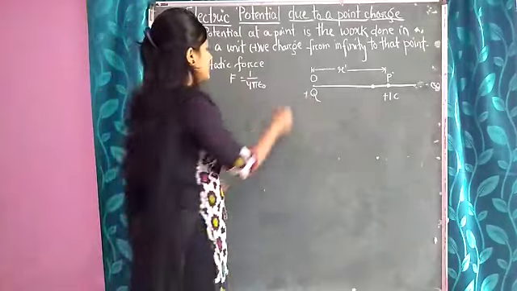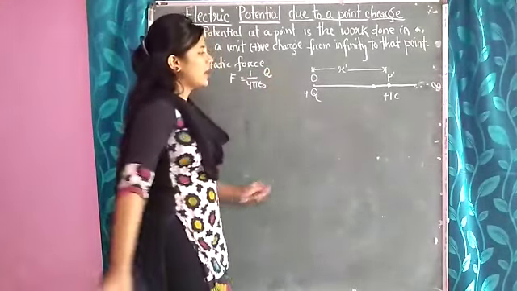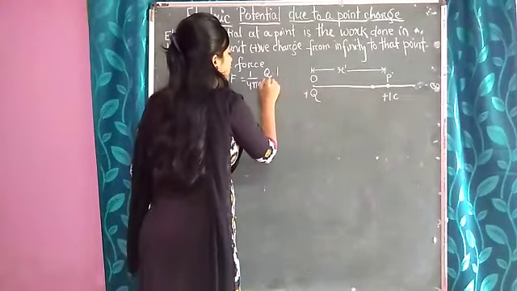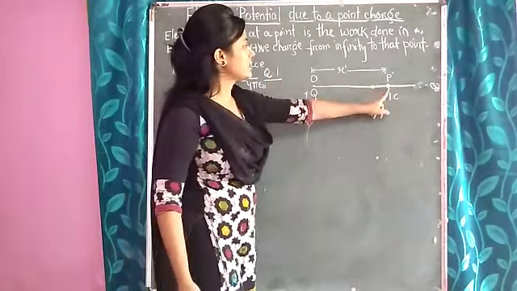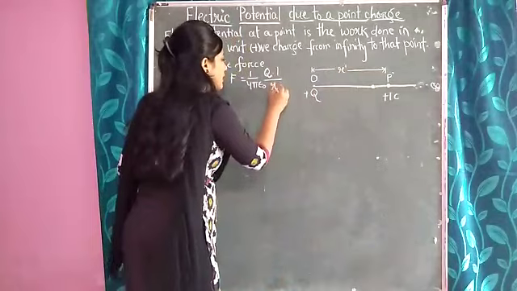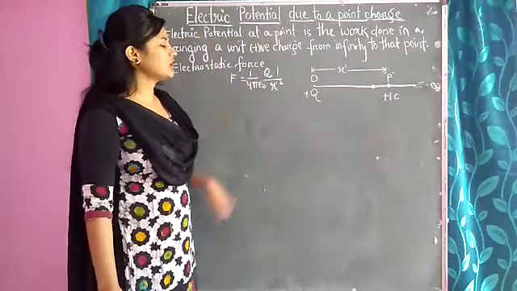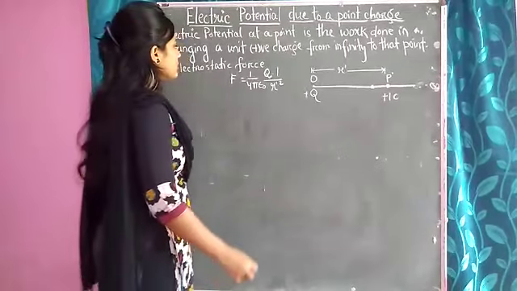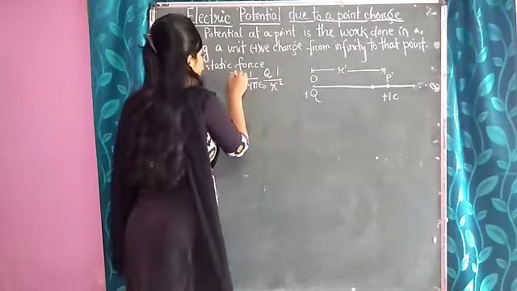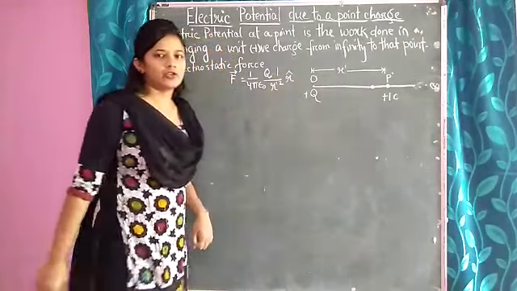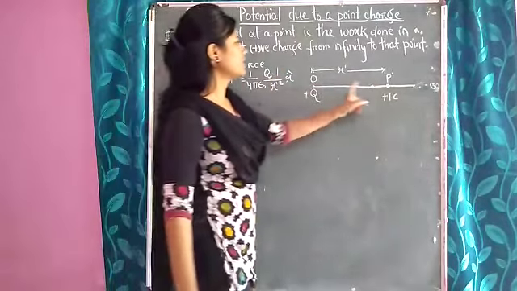Here Q1 is capital Q and Q2 is 1 coulomb, so into 1, and the distance is r dash square. So this is the electrostatic force, and as it is a vector quantity, I am giving its direction also, towards this.